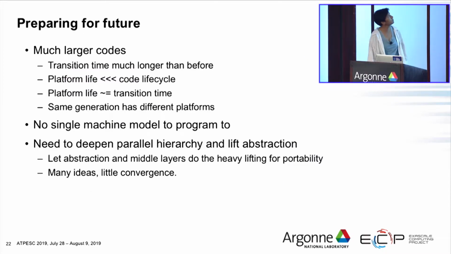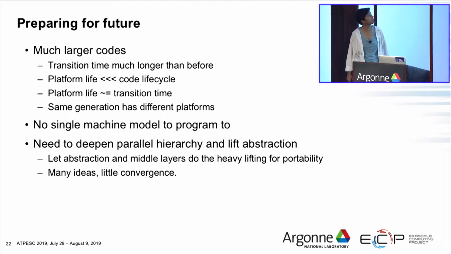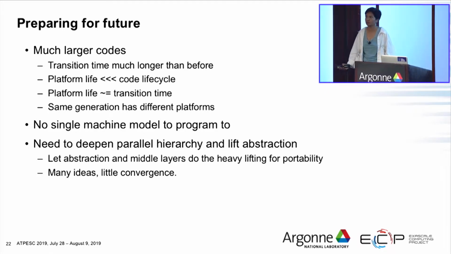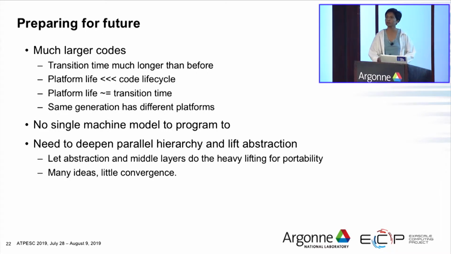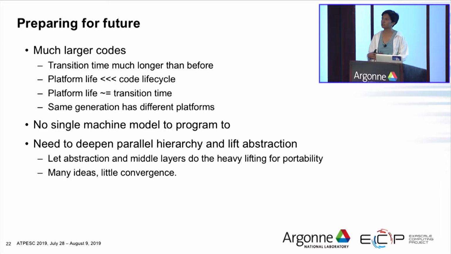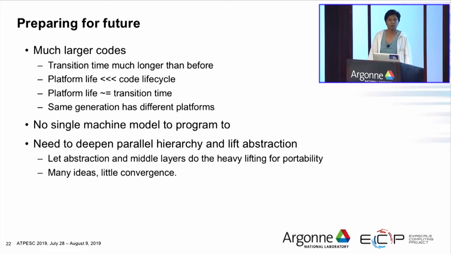Now, preparing for the future, the codes are getting larger and larger, and while it has always been true that the lifetime of a code is larger than that of a platform generation, now it is even more so. So it's much more important to do the design in a way that will last for a very long time.